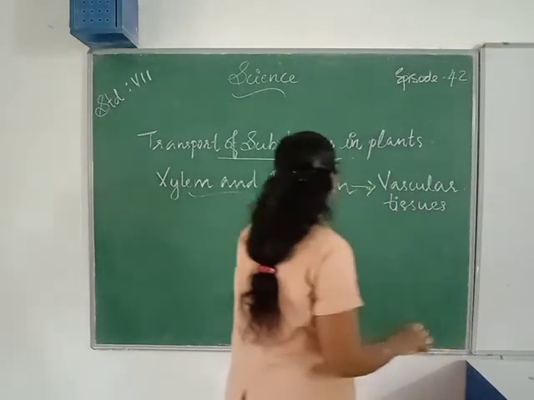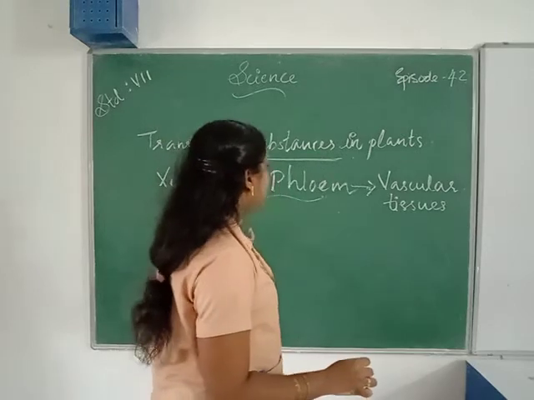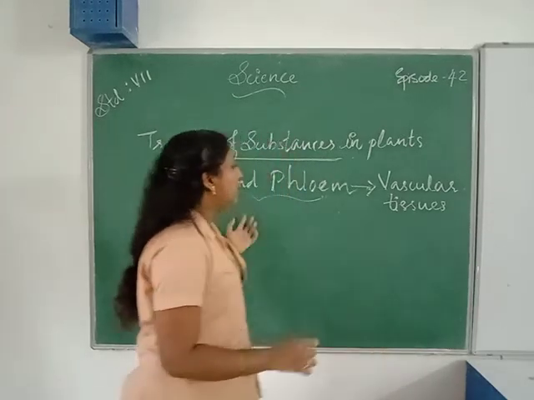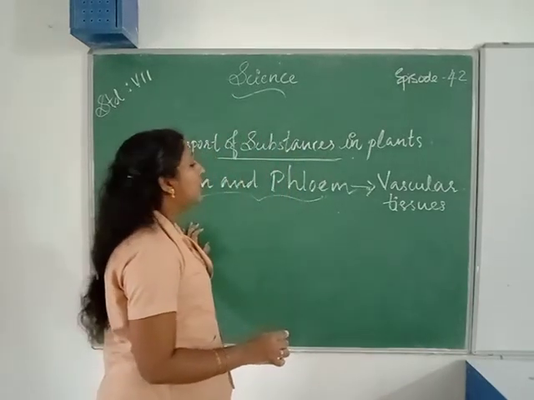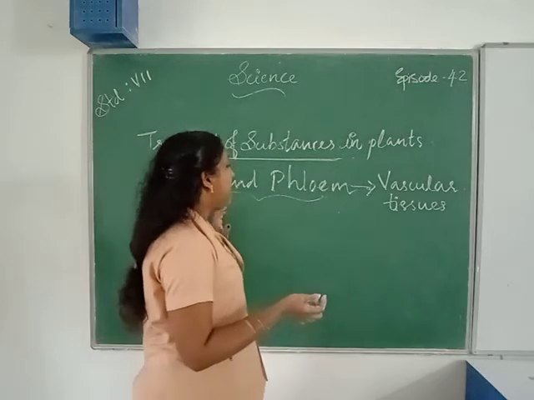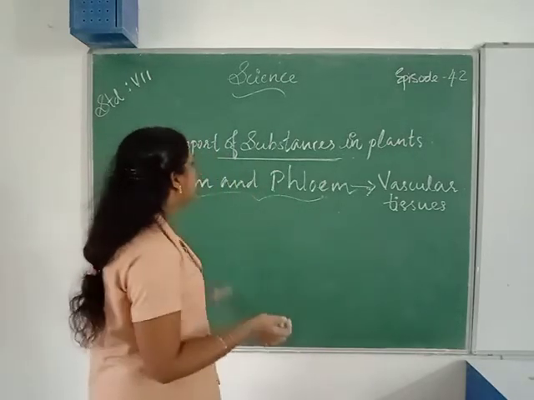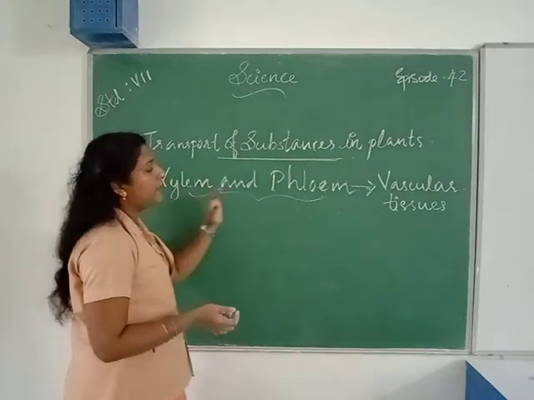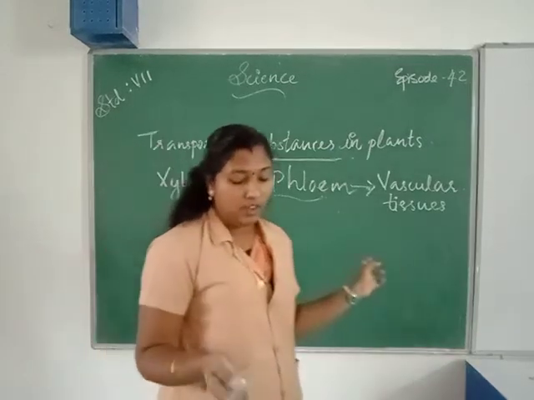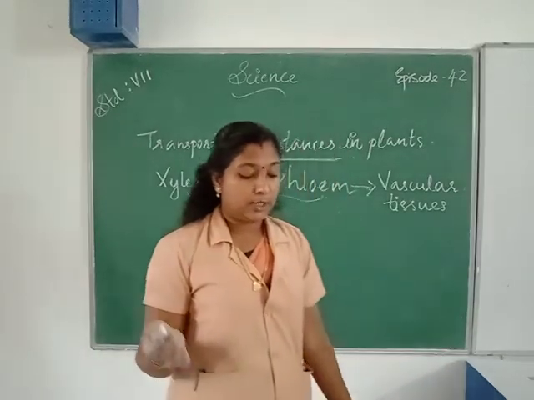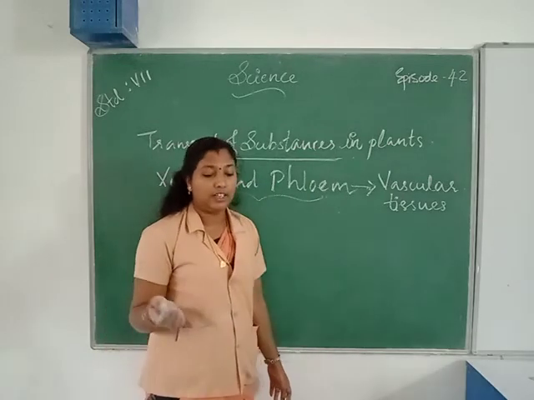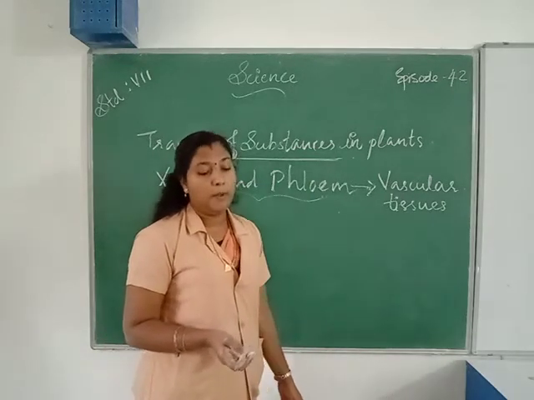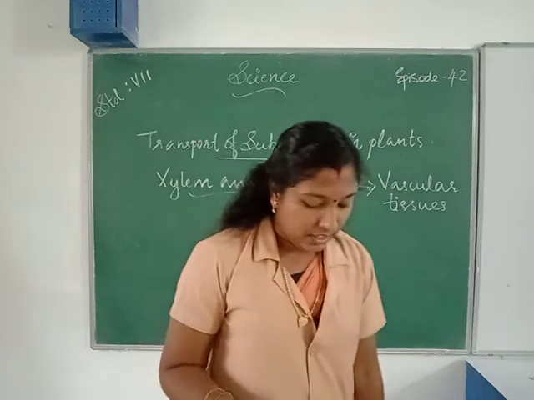In plants, tube-like vessels are present to transport water and minerals to different parts of the plants. That is called vascular tissues. The vascular tissues are xylem and phloem. They facilitate the transportation of water, minerals and food throughout the plant.